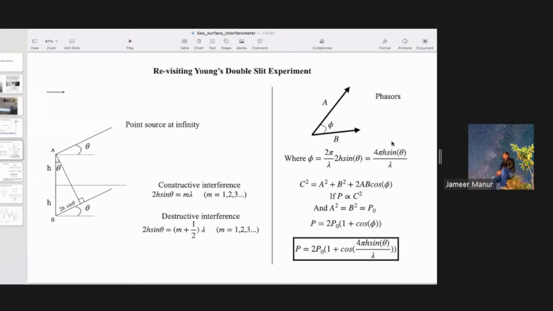Yeah, there is a question. Can we increase the receiver's height above the transmitter? Yes, you can.